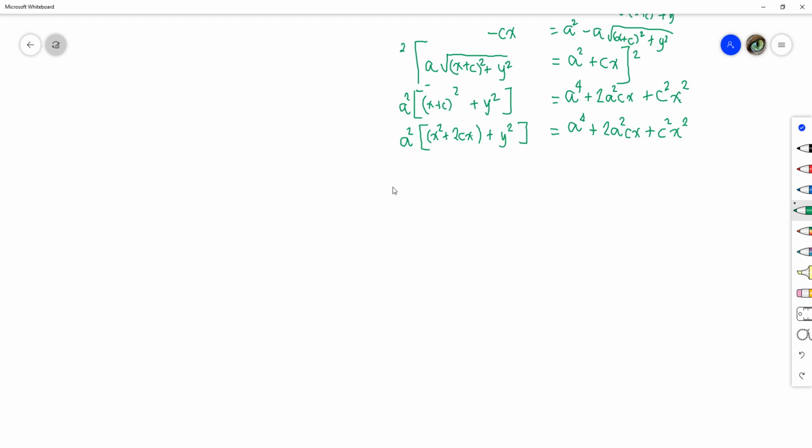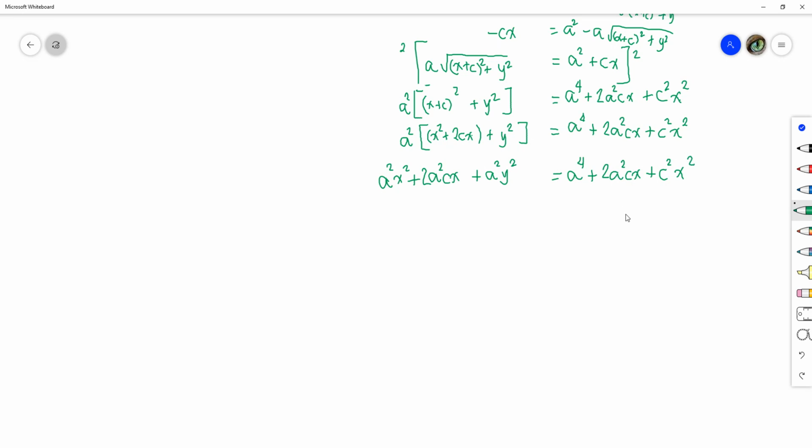So you have a squared x squared plus 2a squared cx plus a squared y squared equals a to the 4th plus 2a squared cx plus c squared x squared.